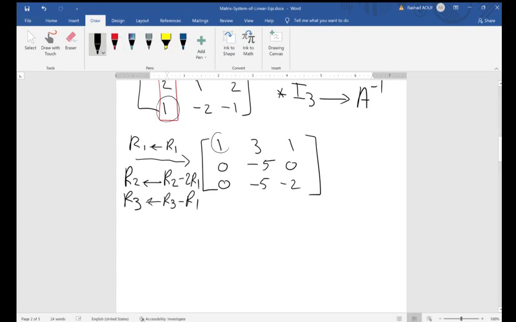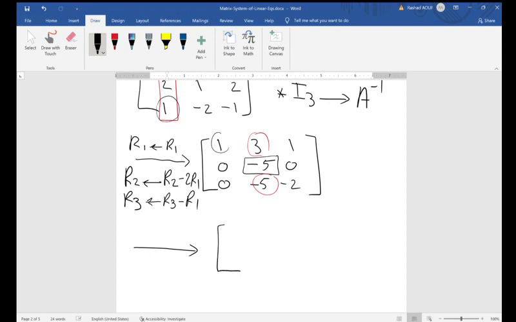Now the second element on the diagonal must be equal to 1, and the element above it and below it must be 0. How can I make it? First of all, I have to convert minus 5 to 1. How can I do it?